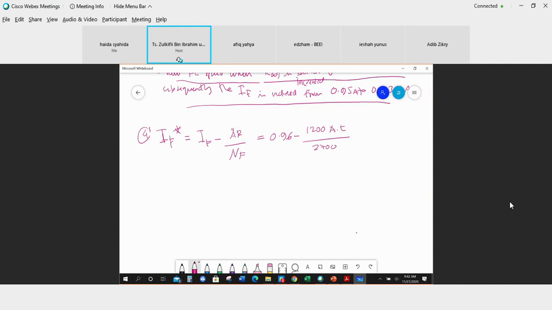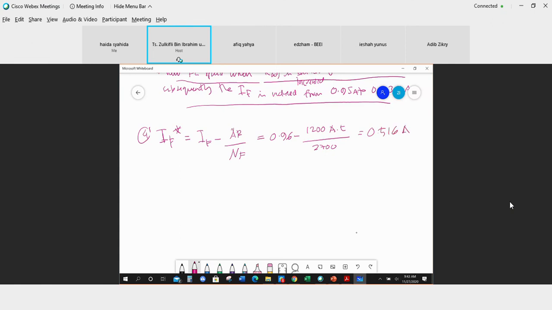So the armature reaction is, betul tak? Alright, so dekat soalan tu dia bagi the armature reaction is 1200 ampere turns. So now you have to find new IF, effective IF, so which is equals to 16 ampere.